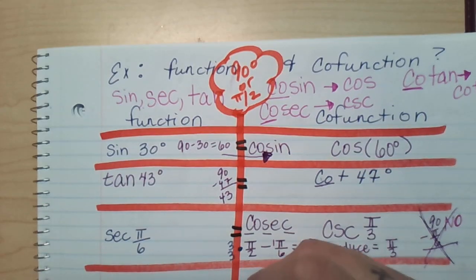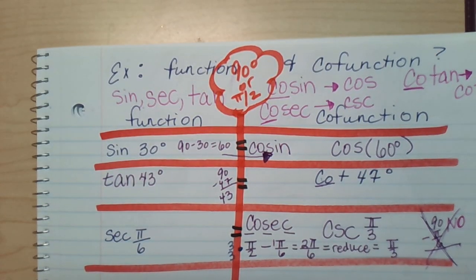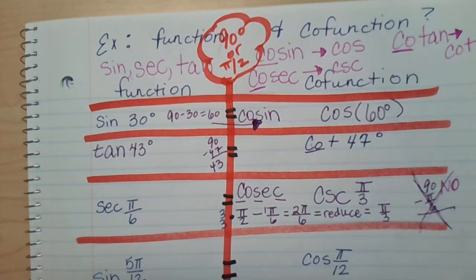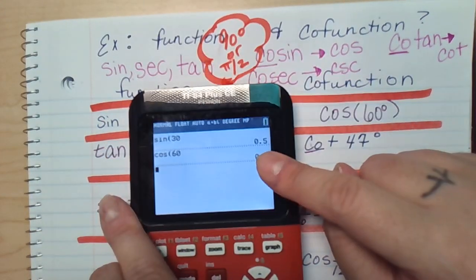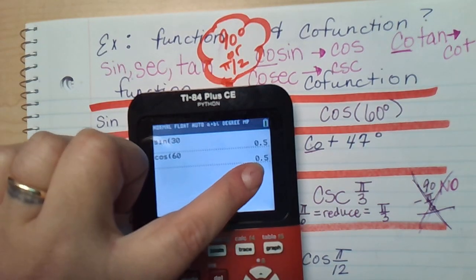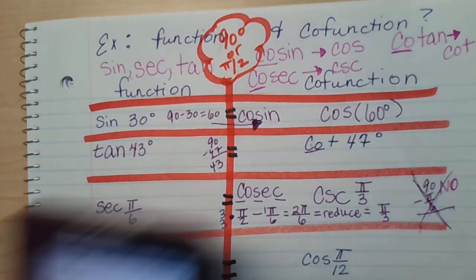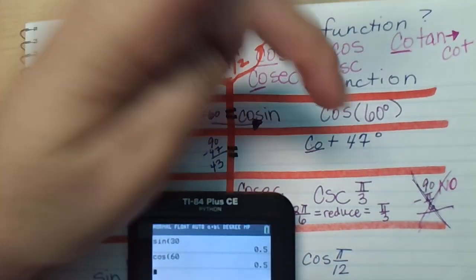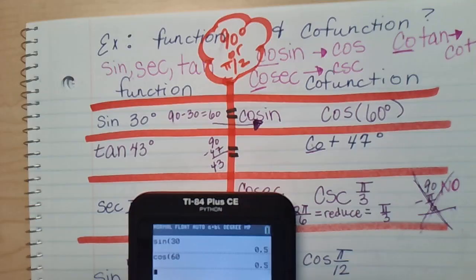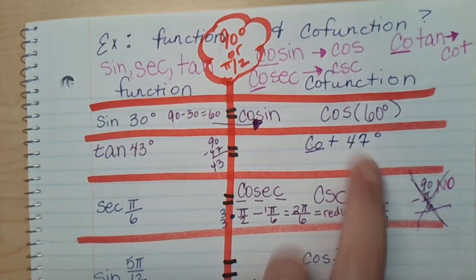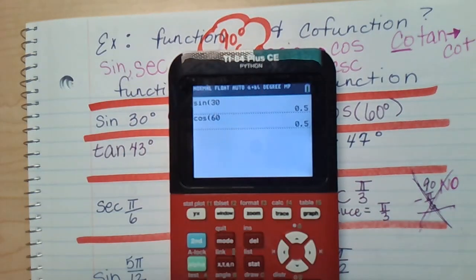Not the words. The words are different, as you can tell. The angles are not equal. They're different, as you can tell. But what they represent, the opposite over adjacent, adjacent over hypotenuse, that's the same. So on a triangle, sine 30 and cosine 60 pop out the same answer, just like tan 43 and cotan 47 should pop out the same answer.